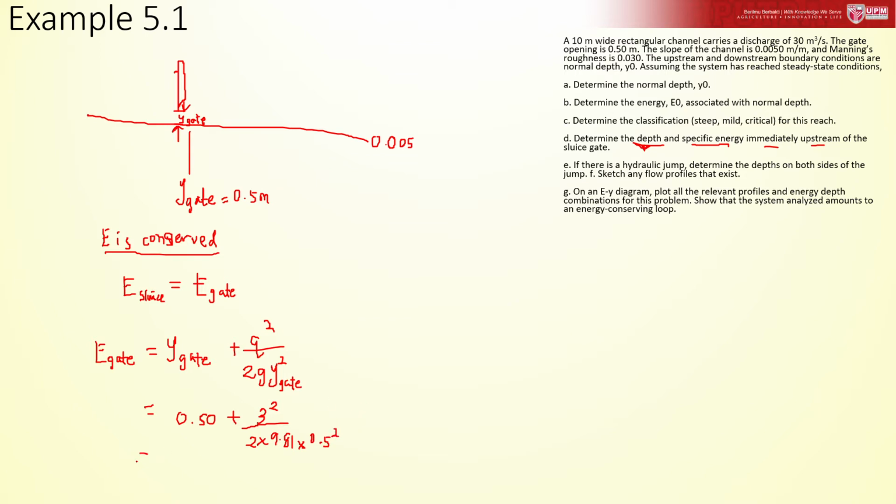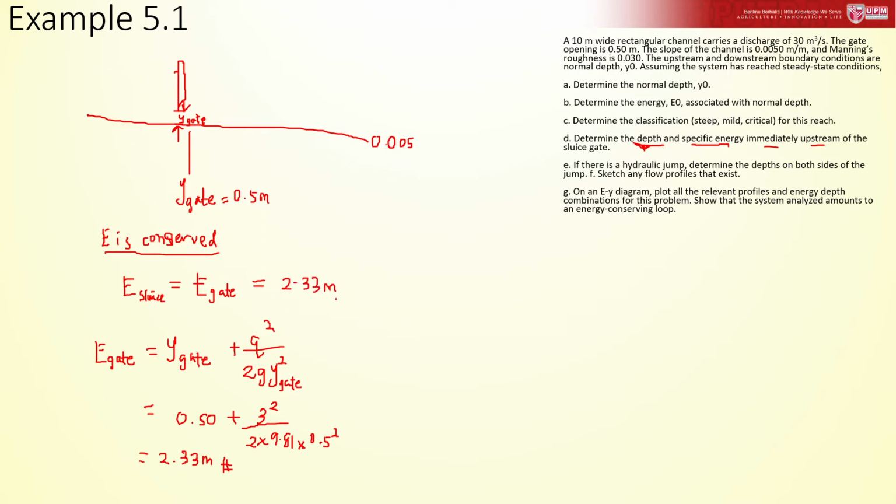So the answer will be 2.33 meter. So from this answer, you can say that since energy is conserved, E gate is equal to E at sluice, so it's equal to 2.33 meter.